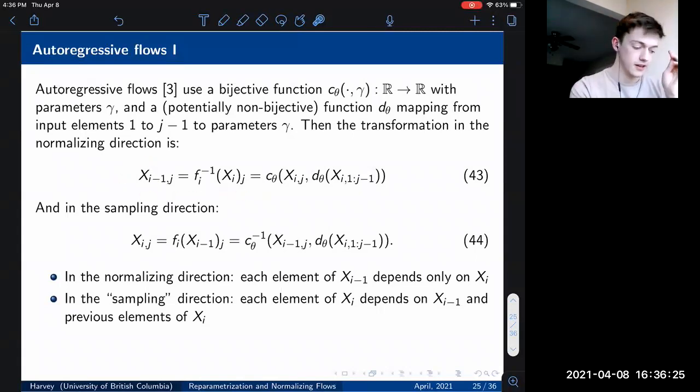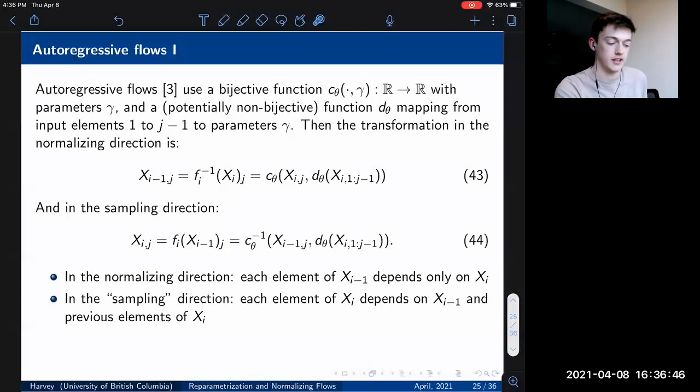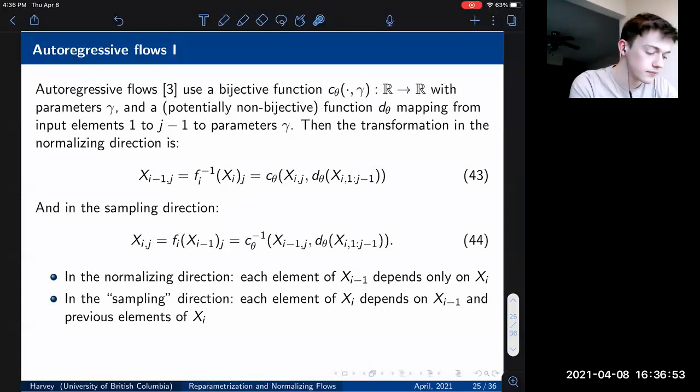First, let me say what this notation means, in case it's not clear. Here we have xi minus 1, the vector x after I minus 1 layers, and we want the jth element of that. We're writing this function out for each individual element of the vector, because we need to define autoregressive flows.